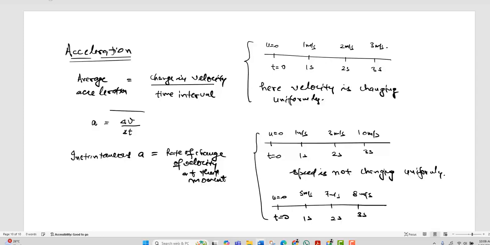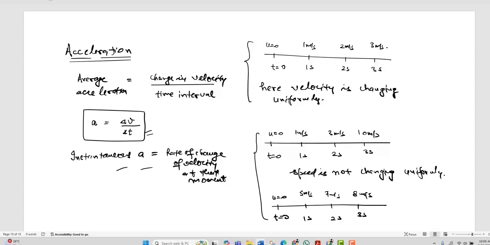In your book or your syllabus, you have to handle the situations using this only. When you move to higher classes, then we will be able to handle this instantaneous acceleration. Just like I have described that there is a difference between the average velocity and the instantaneous velocity. Instantaneous velocity was defined for a given instant of time, and the average velocity is defined over an interval of time, right? Okay.